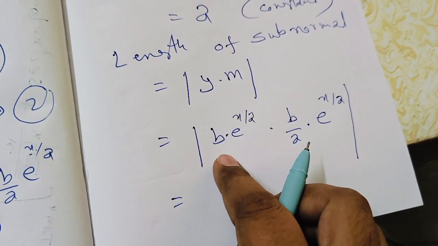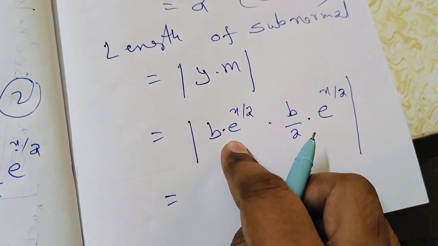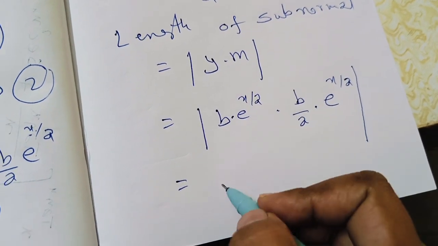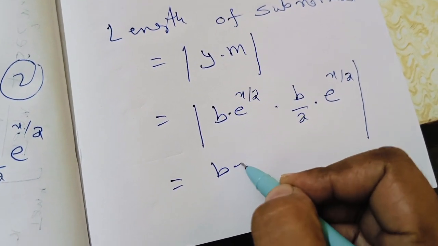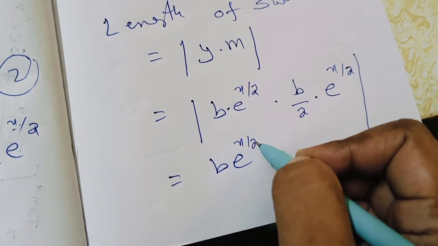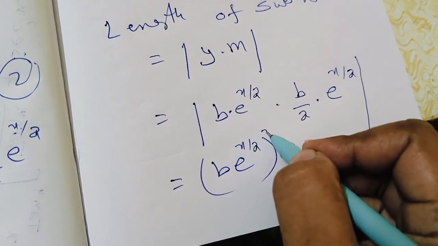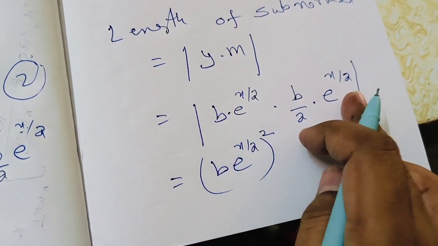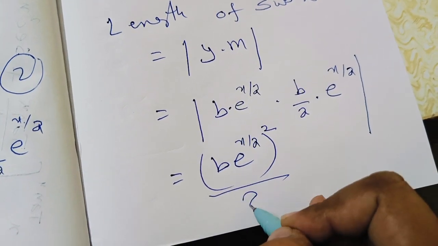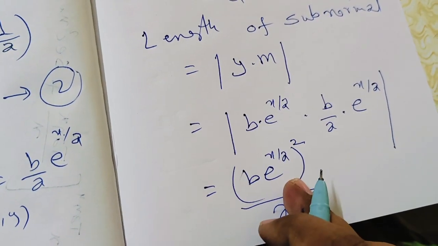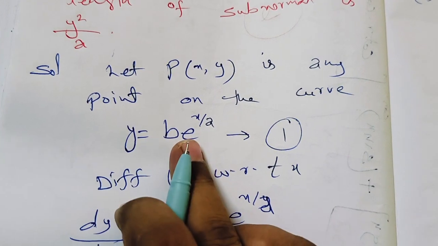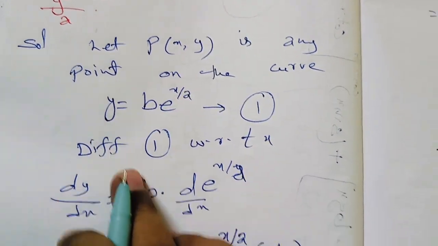So here we have b square, and b e^(x/a) two times, so we will write it as whole square, divided by a. From 1, b e^(x/a) is y.